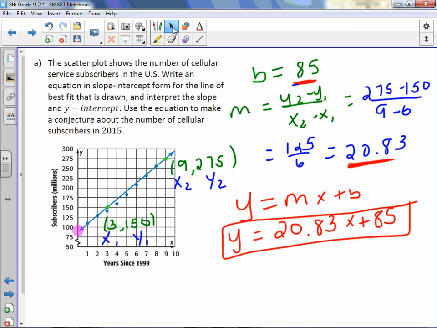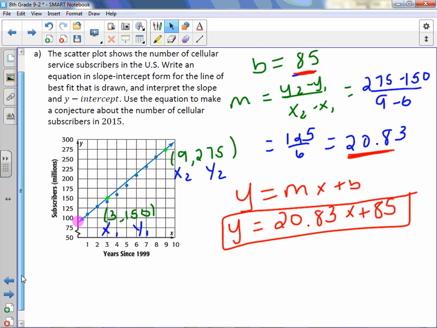Now it says to interpret the slope and the y-intercept.